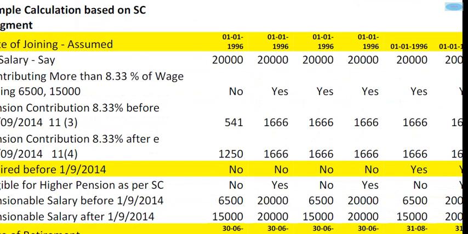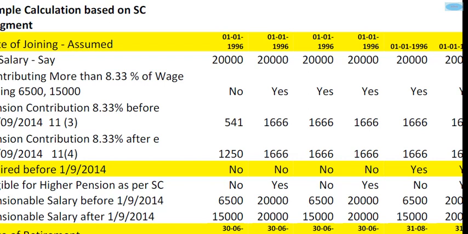So using this judgment, I have just tabulated a calculation to understand things even better. See, date of joining, what everyone has joined in every option is, and 1st January 1996 is the joining date. PF salary for all of them is above the ceiling. Okay, contribution, wage ceiling, but the first person is contributing only as per wage ceiling.